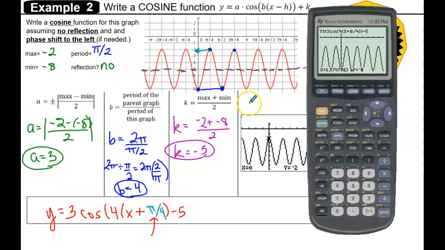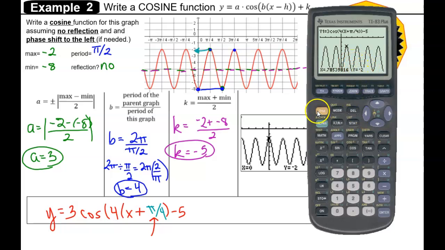Trace again and now test it out. So if I put 0 in, I should get back my -8 for the absolute minimum, which I do. If I enter pi over 4 for my x, that should return -2 for the y. That's my absolute maximum, and it does.